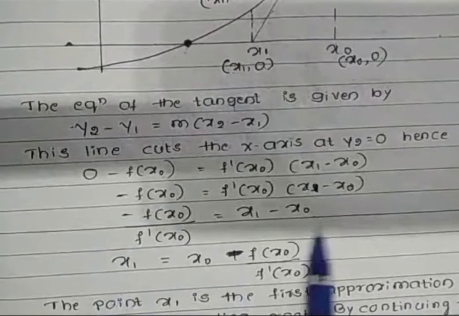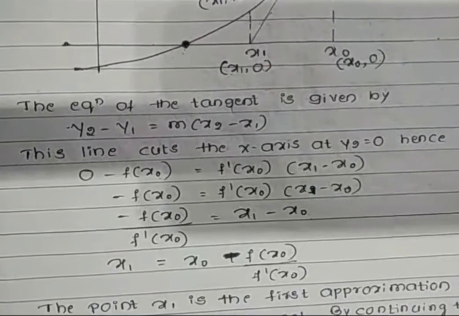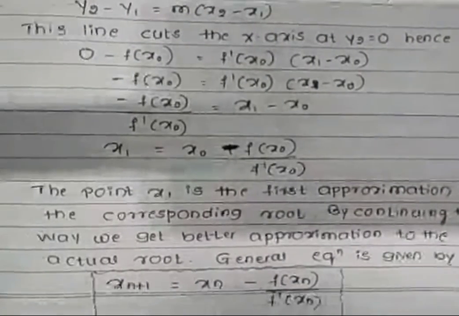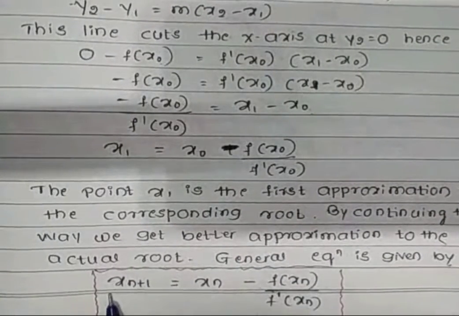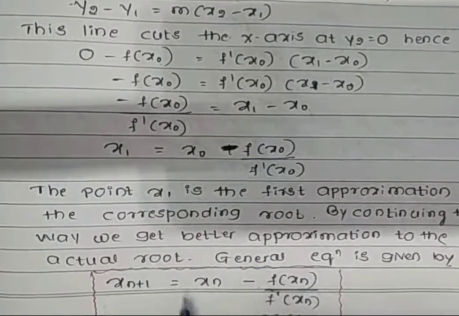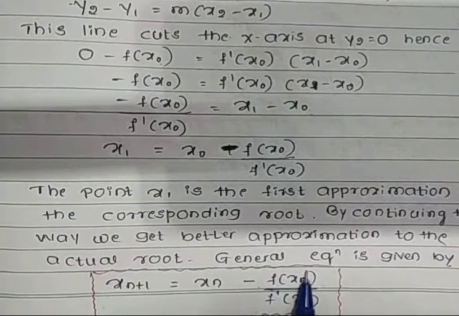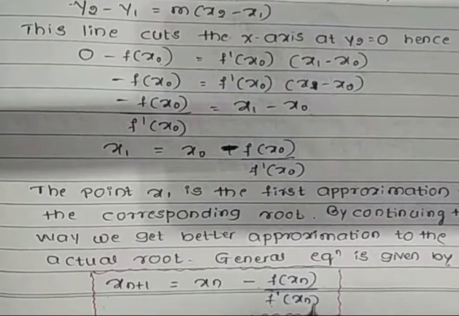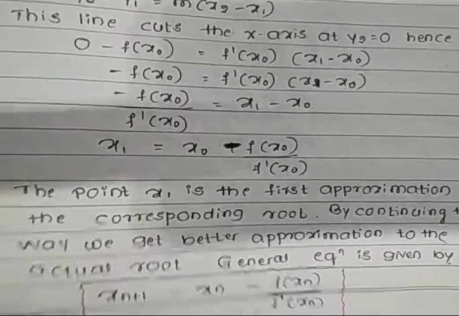This is the general form. If we continue, then we can generate the general equation, that is xn plus 1 is equal to xn minus f of xn divided by f dash of xn. This is about the formula derivation. It is very simple.